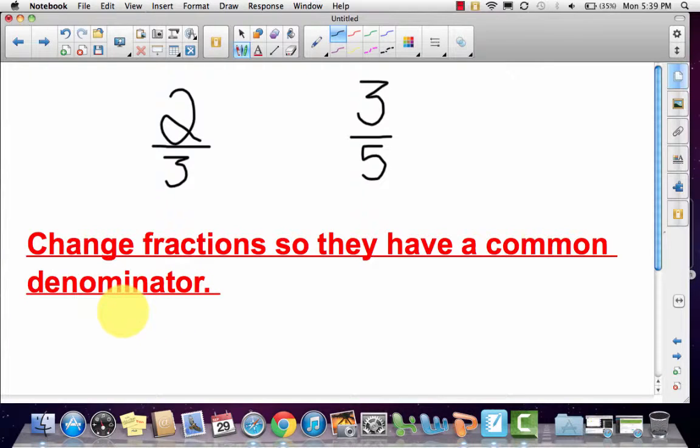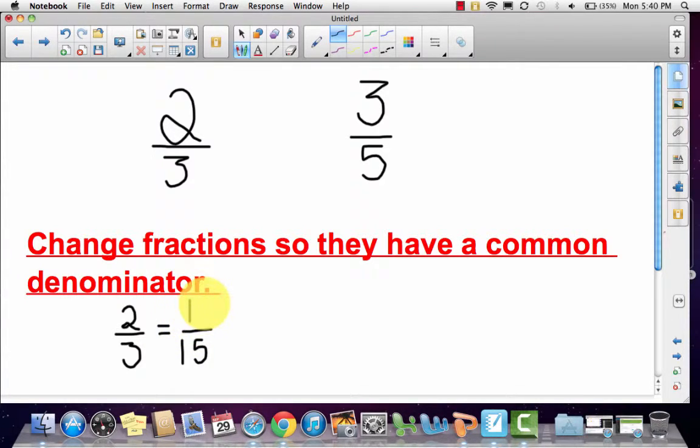So if I have 2/3 and I want to change it so that the denominator is a 15, I would have to multiply both the top and the bottom of the fraction by 5. So 3 times 5 will get me the 15 in the denominator. And since I multiply the bottom by 5, I multiply the top by 5, and that will give me 10.